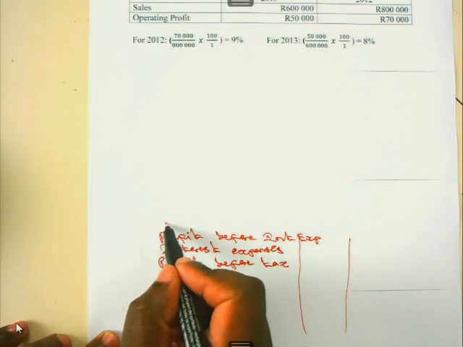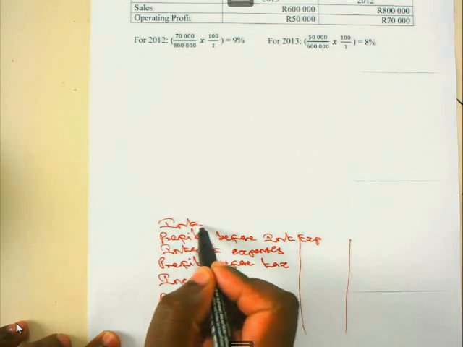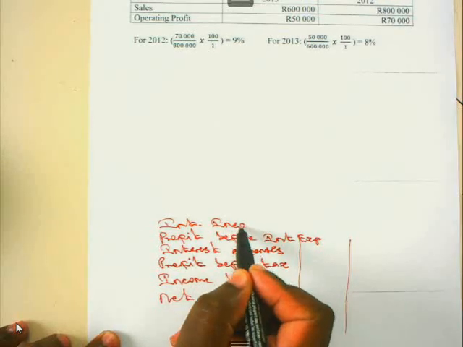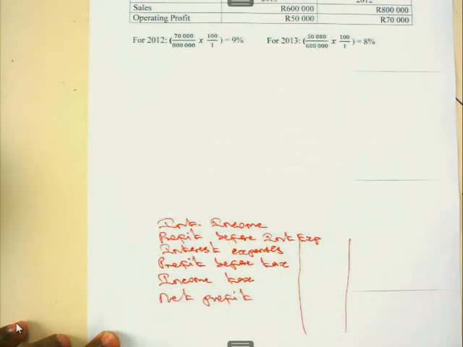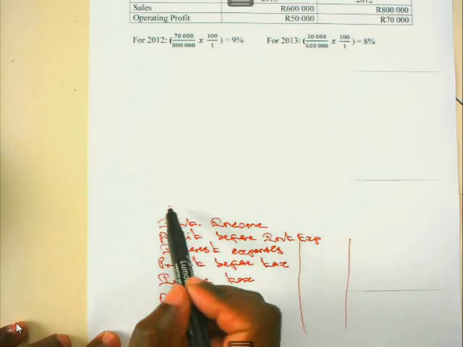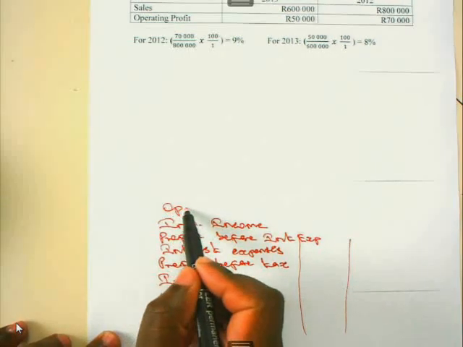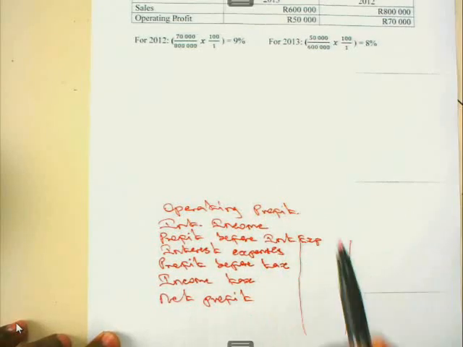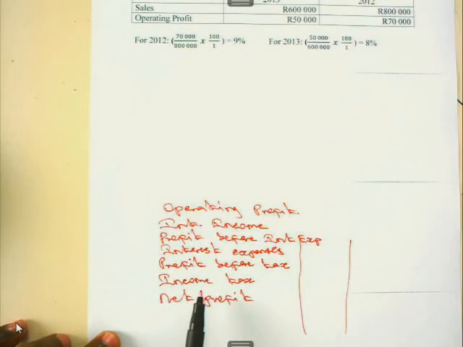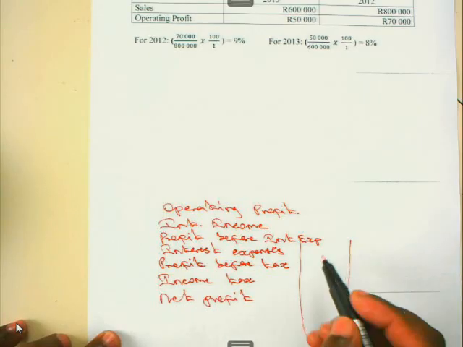You'll have interest income. Therefore, your operating profit, I'm sorry. This is the bottom part of your income statement. You'll have your profit before tax here.